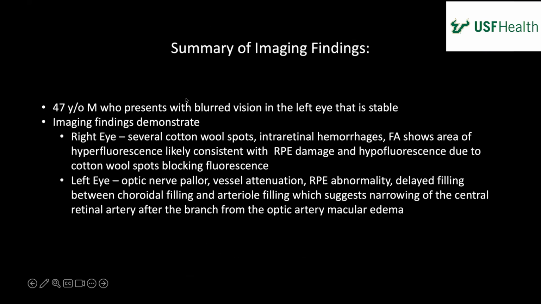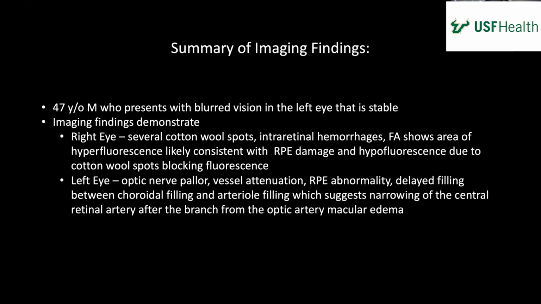Right, and then we have our summary of our imaging findings. Would you like to summarize it? I kind of gave you a little cheat sheet here. You can read it if you want. I'll read it, I guess. It's right in front of me. So the right eye, several cotton wool spots, retinal heme. FA showed that area of hyperfluorescence consistent with RP damage and hypofluorescence due to the cotton wool spots with that blocking, and I guess also the vascular defect.